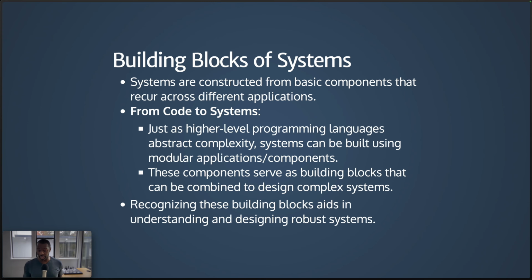This is going to be the heart of this course, to really identify all these building blocks and show how you can mix and match them in order to understand and design the systems of today. So recognizing these building blocks aids in understanding and designing robust systems.